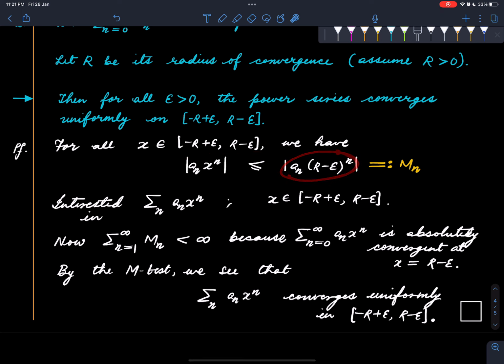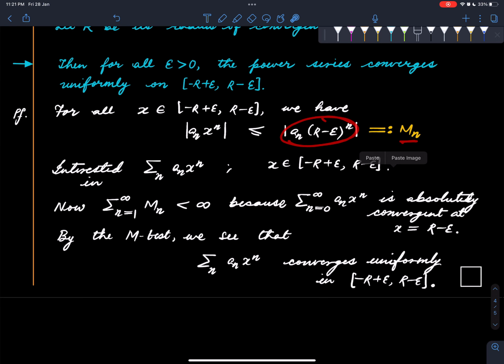Let us just call this M_n, and because every power series converges absolutely for any point within the radius of convergence, we have that this is finite, and this is all we need to apply the M test, and therefore we see that this series converges uniformly in this domain, and that's what we wanted.